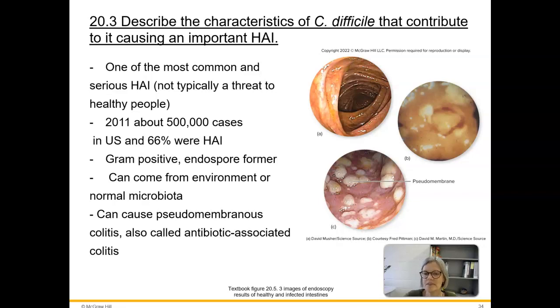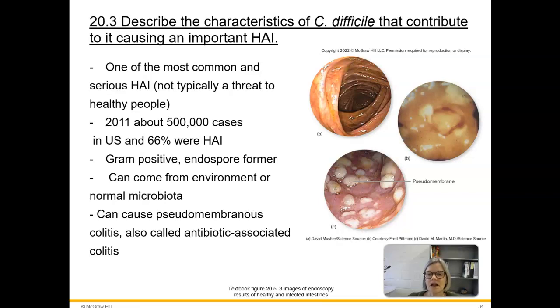So these pictures are right from your textbook, and it's in section 20.3. This is actually one of the most common and serious healthcare associated infections. It's not just like Candida auris, it's not typically a threat to healthy people. So again, this makes it much more commonly showing up in hospitals.